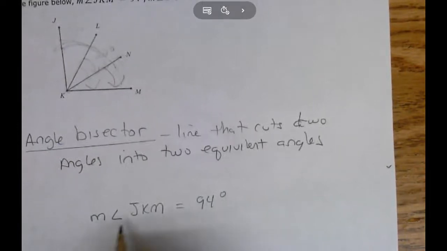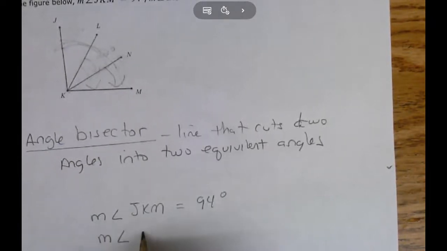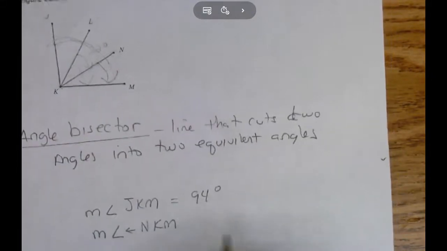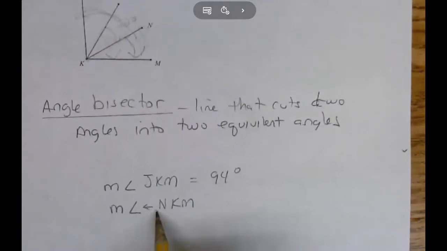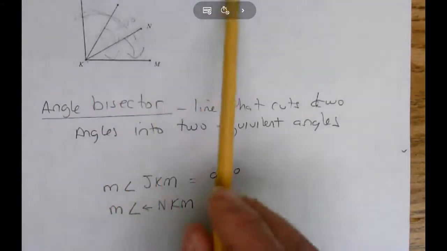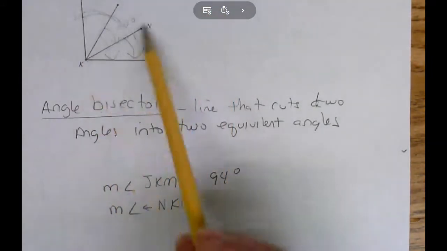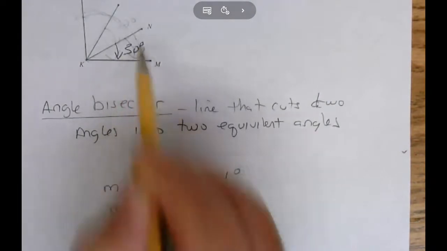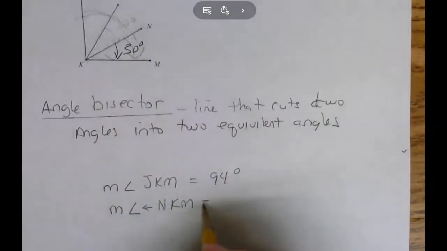We just have to figure out the measure of angle NKM. But we do know, if you remember, it said LKM is equal to 60, and KN is a bisector of that. So this angle is 30 degrees.